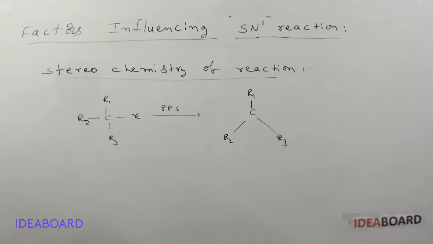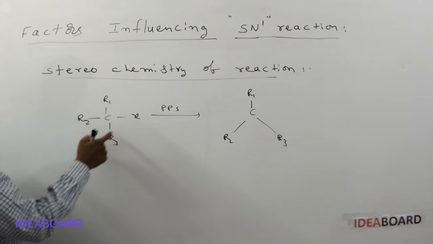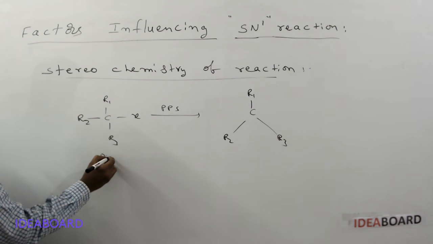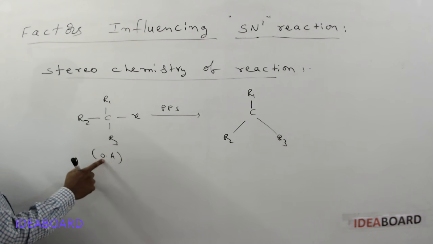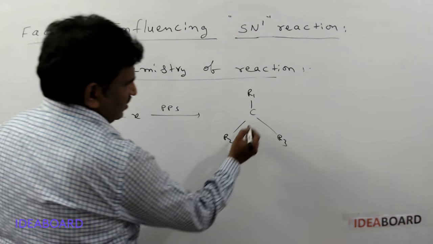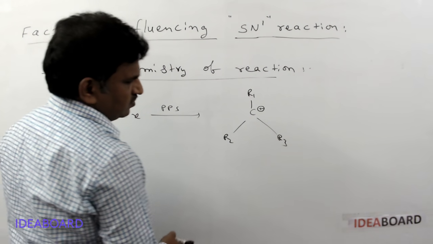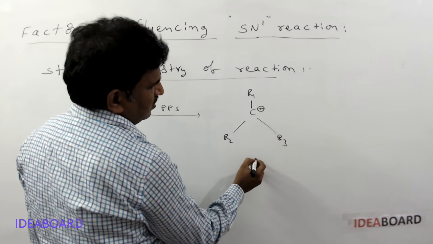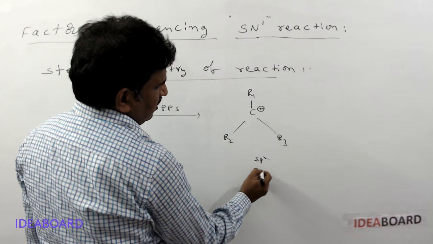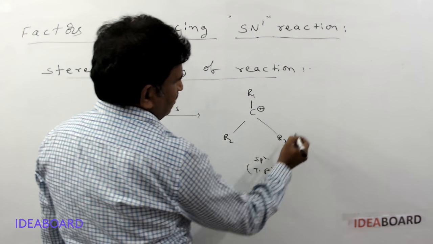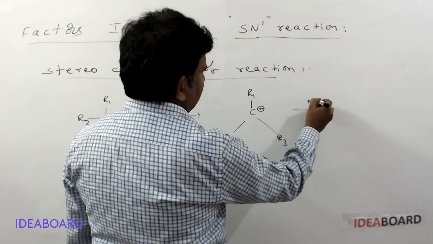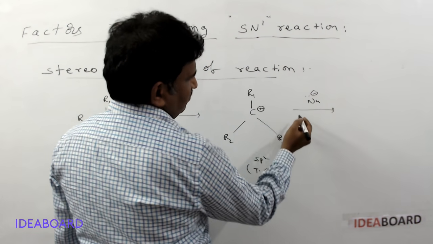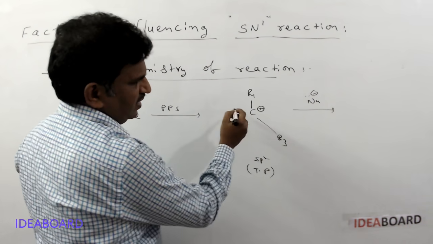Is the starting compound optically active or inactive? Four different groups means it is optically active. OA means optically active. And here we are getting a carbocation, which is sp2 hybridized and trigonal planar, so it can be attacked by the nucleophile either from the front side or from the back side.